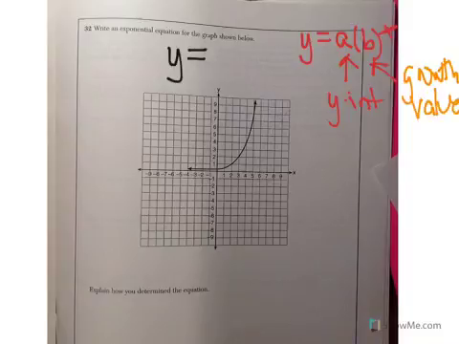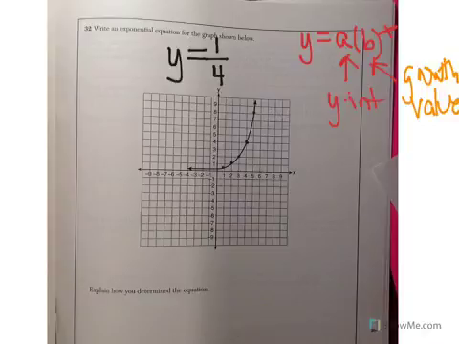So, our y-intercept, and this is a little tricky. It looks like it might be 0.5, but really it's a quarter of the way up. So, it's really 1/4. Or if you wanted to write 0.25, that would be fine as well. And if I look here, at 1 I'm at about half, at 2 I'm at 1, at 3 I'm at 2, 4 I'm up to 4, 5 I'm up to 8.